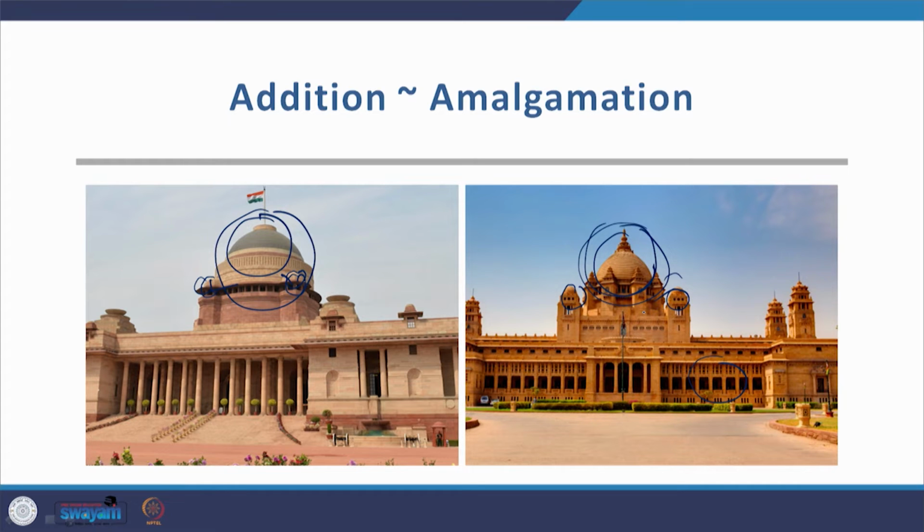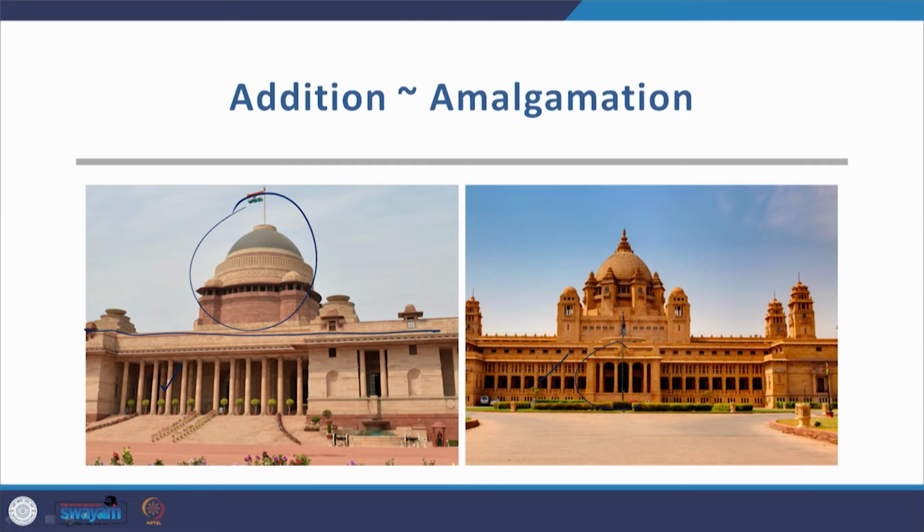But in Rashtrapati Bhavan, that complete merger doesn't happen. In Rashtrapati Bhavan, much of the profile of the building below is purely neoclassical. And therefore we see that there is an addition of these elements, not an amalgamation. These columns are not traditional Indian, whereas these columns are.